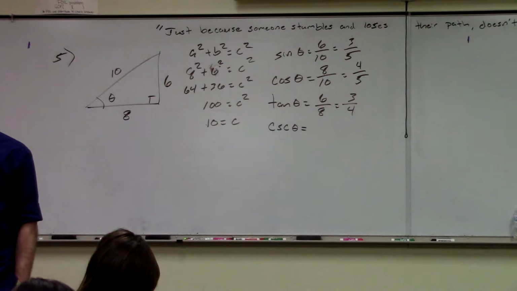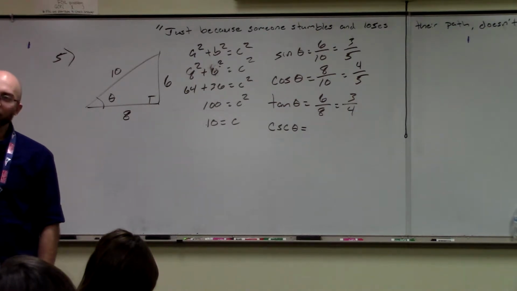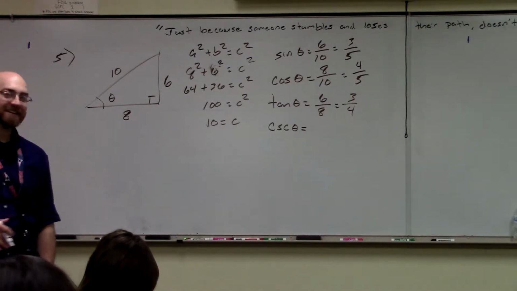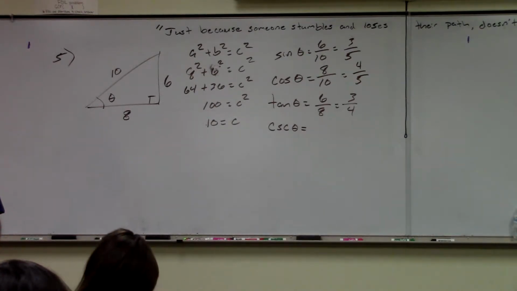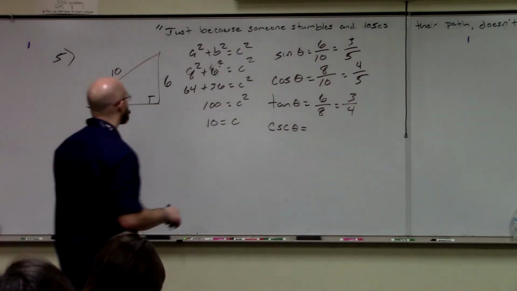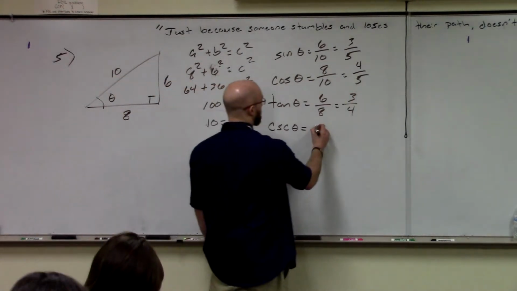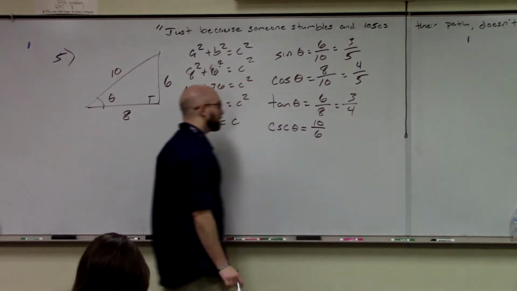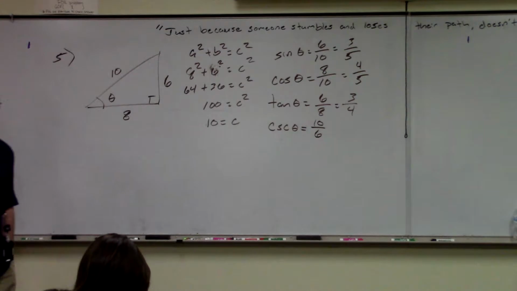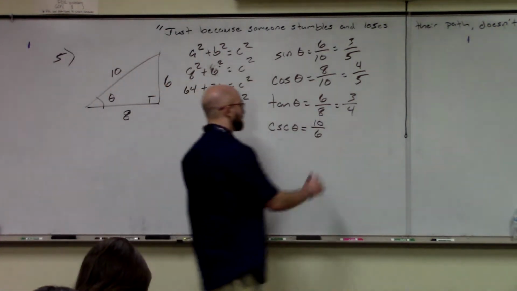Theta, theta. It slows my whole progress down. Cosecant of our angle, theta, is equal to what? Hypotenuse over opposite. So that's going to be 10 over 6. So that's going to be 5/3.